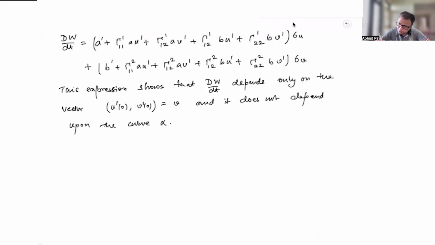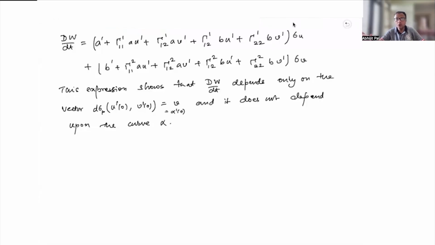So this DW/dt depends only on the vector. Yeah, so this should be d sigma at the point P applied to (u prime(0), v prime(0)), which is equal to v. So this is just alpha prime 0.